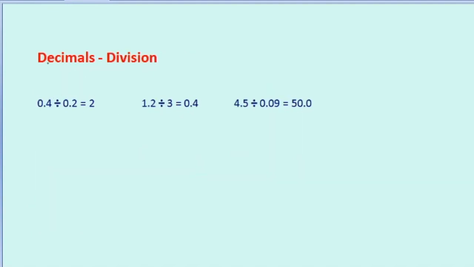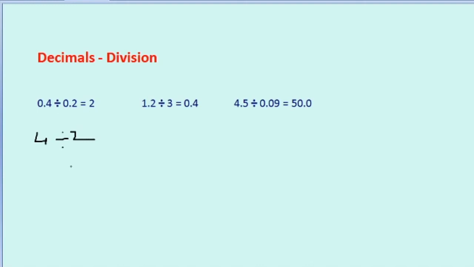Now let's move to division of decimals. How do we divide the numbers? Here also we will skip the decimal points. This is 0.4 divided by 0.2, so we will write it as 4 divided by 2.